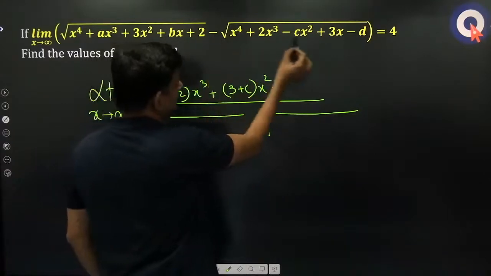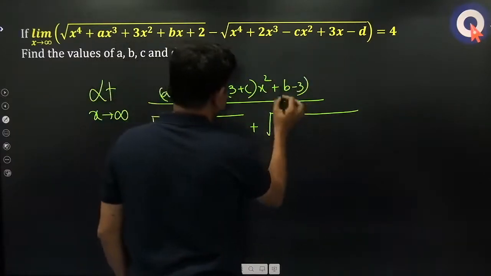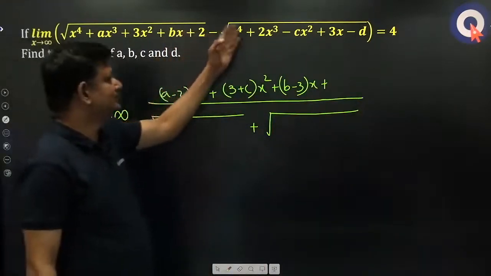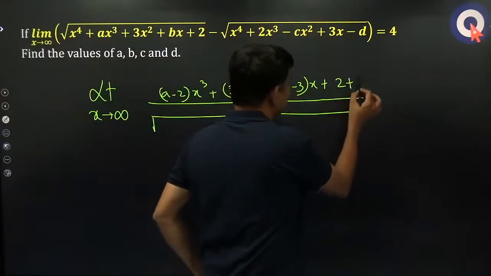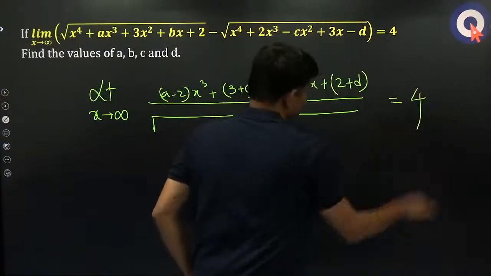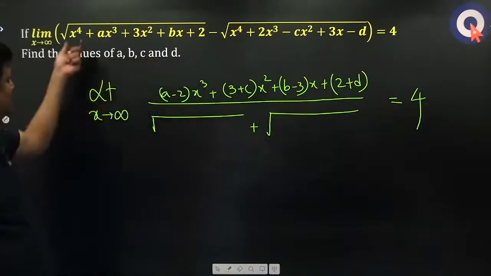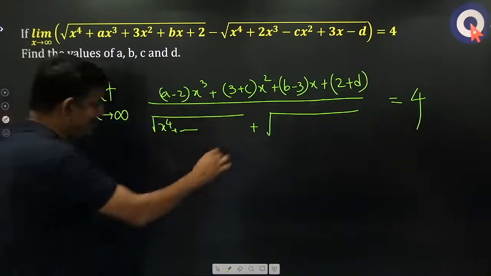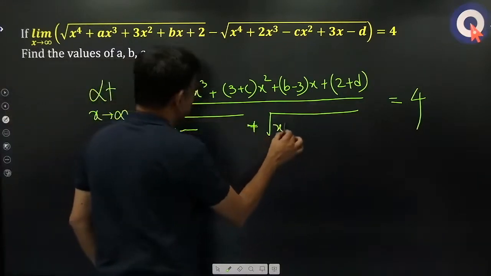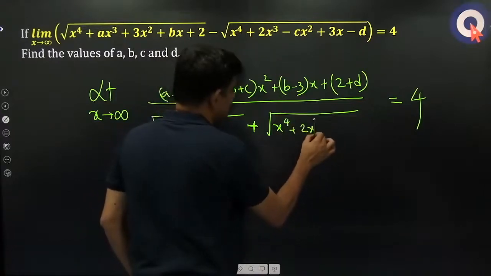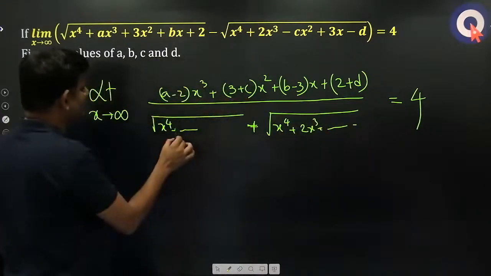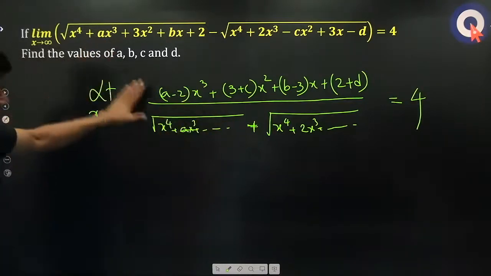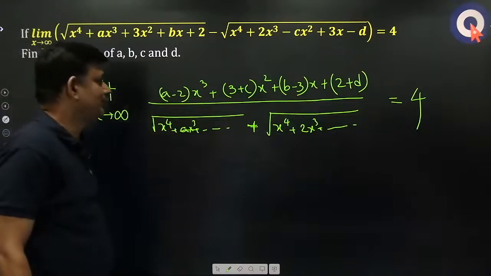B here minus 3 here, b minus 3 into x plus 2 here, minus of minus d is plus d here. ये कितना है? x power 4 plus blah blah blah plus x power 4 plus 2x cube. यहाँ पे भी एक और टर्म लिख देता हूँ, ax cube plus same thing is here, so I am not repeating the whole story.